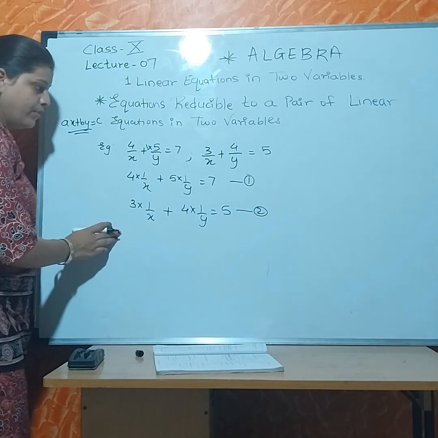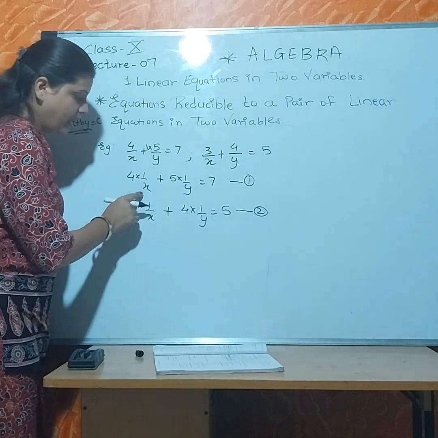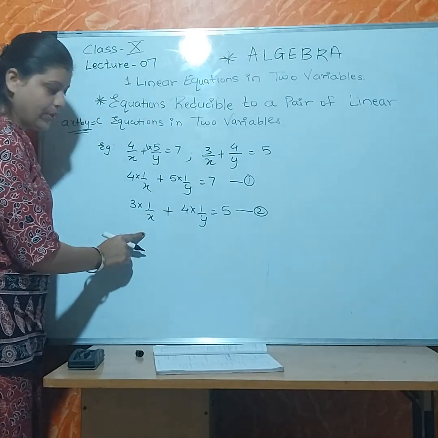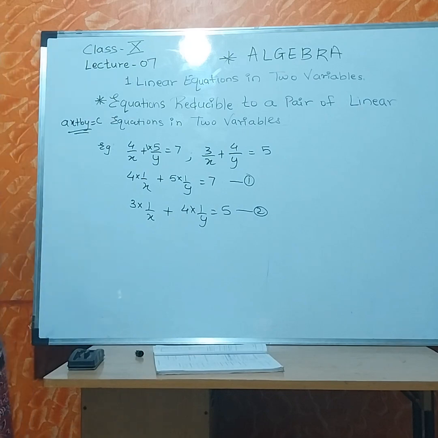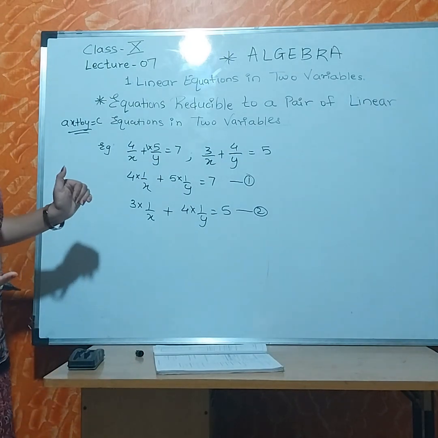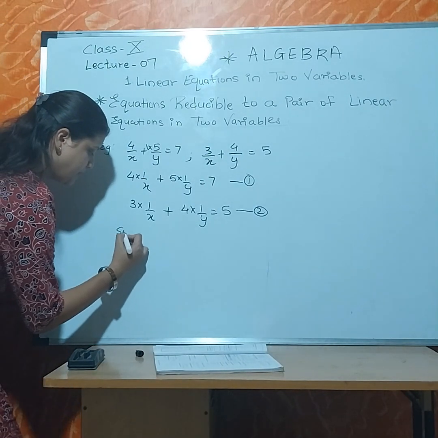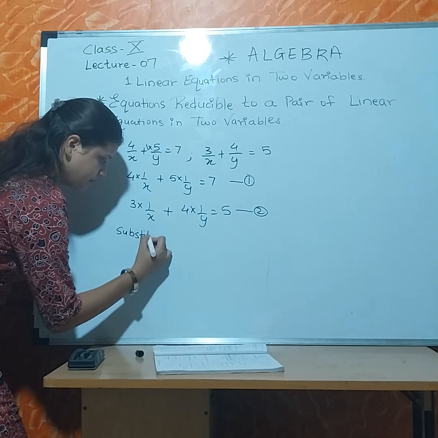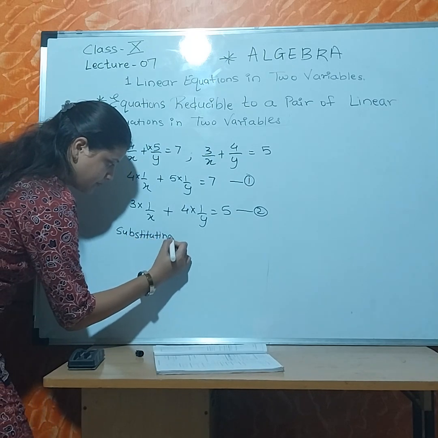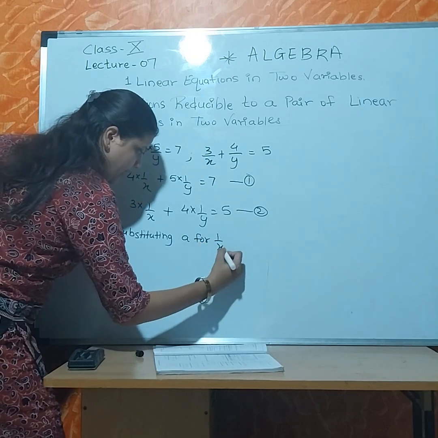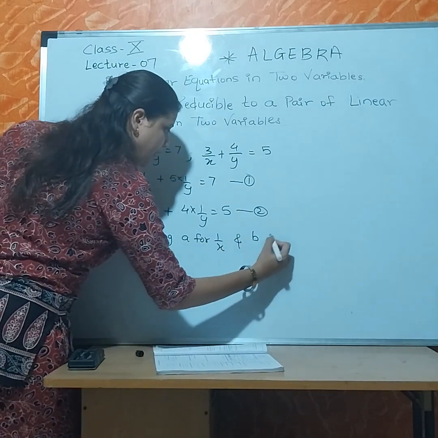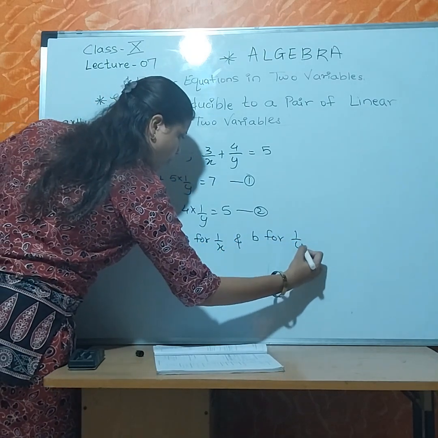Okay. Now, if we substitute 1 upon x in both equations and 1 upon y in both equations by another variable, then can we solve this? Let us see. Substituting a for 1 upon x and b for 1 upon y.